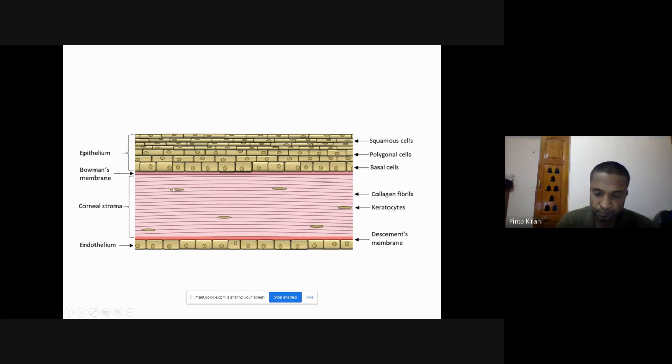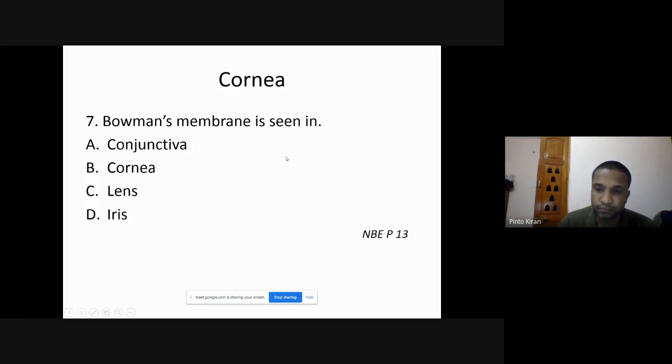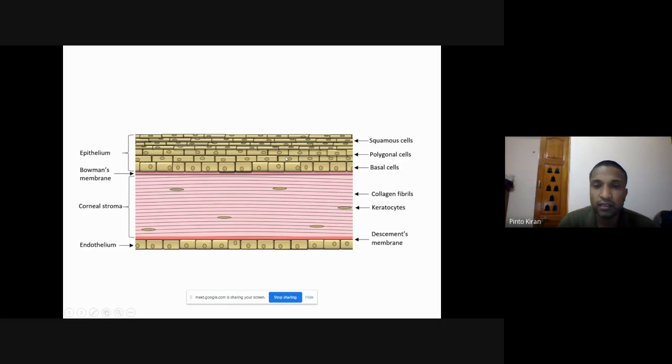These cells will regenerate. The corneal epithelial cells throughout life will regenerate. But the Bowman's membrane, once damaged, doesn't regenerate.